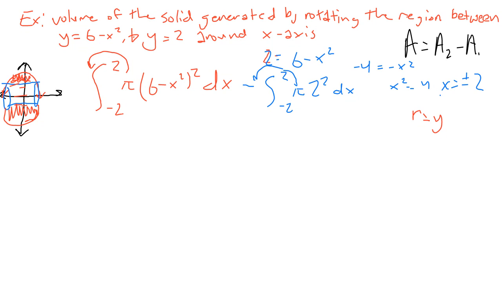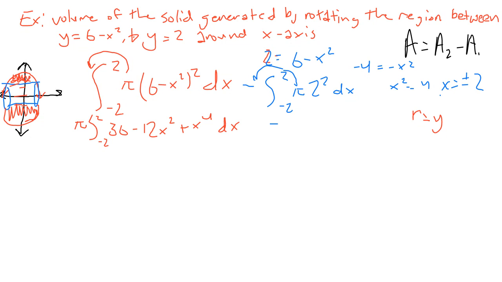So in this case, we're going to get integrate from negative 2 to 2 of 36 minus 12x squared plus x to the 4th dx.